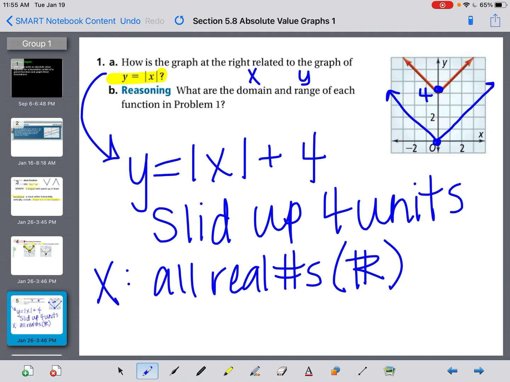Your range values, or your y values, because the arrows go on forever, everything from the starting point on will count, but nothing less than 4 will work since the graph actually starts at 4. So everything greater than or equal to 4 will be a range value.